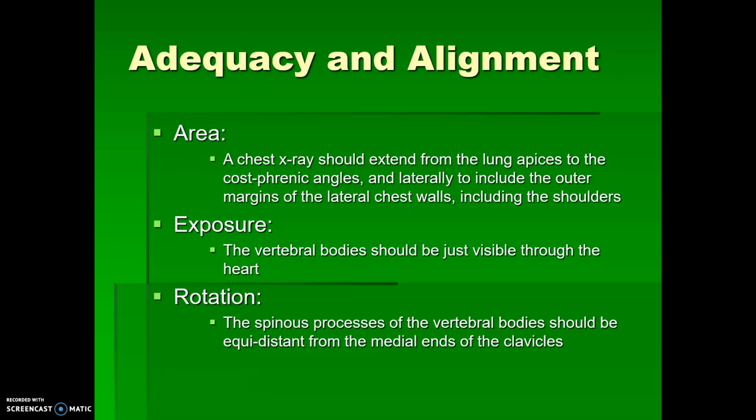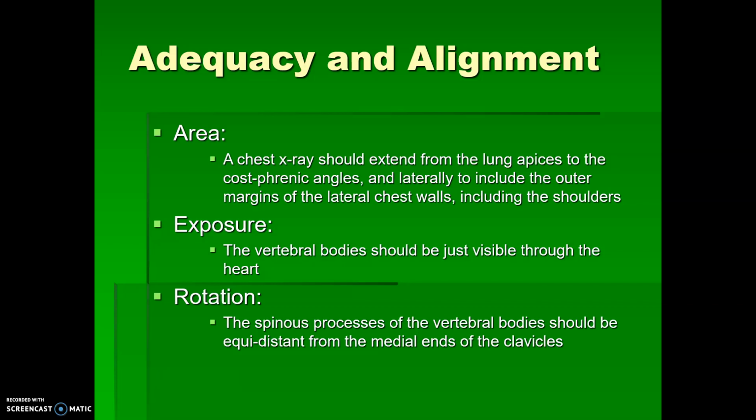What do we mean by adequacy and alignment? Well, are we seeing enough of the chest? A chest x-ray should extend from the lung apices right down to just below the costophrenic angles, and laterally out far enough that it includes the outer margin of the lateral chest walls and the shoulders.